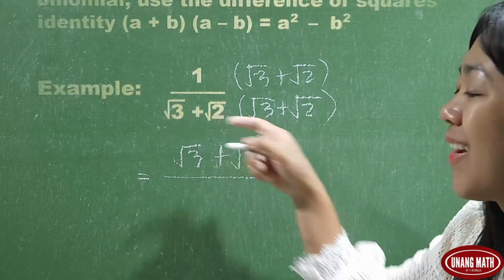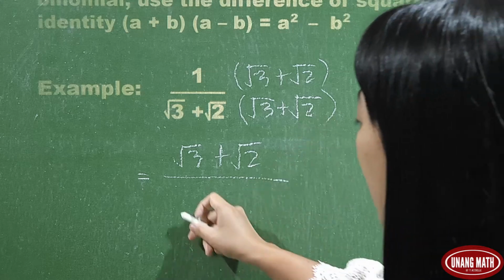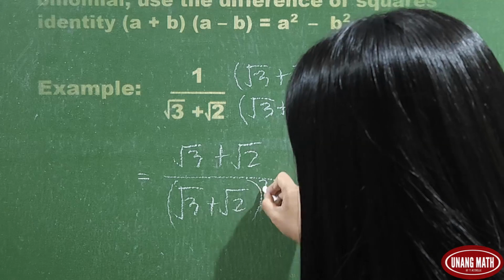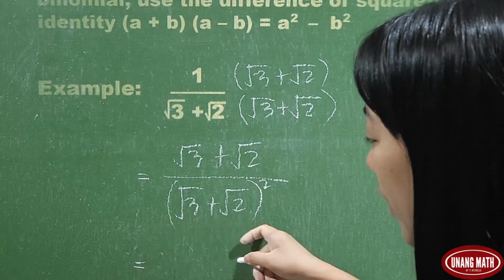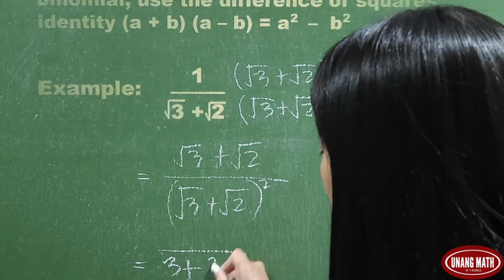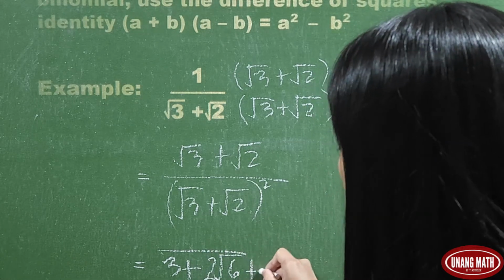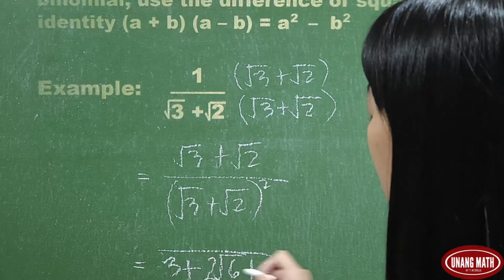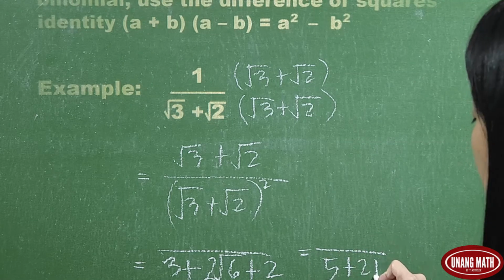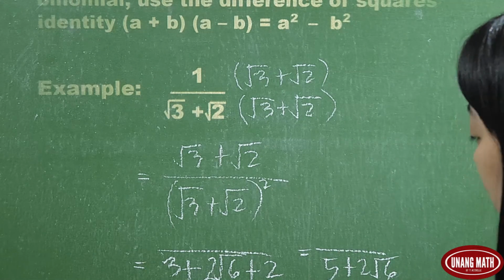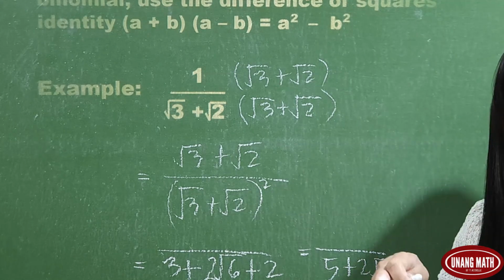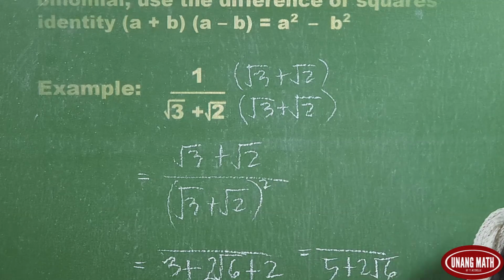What about our denominator? So, this is then equal to square root of 3 plus square root of 2 raised to the power of 2. And this is 3 plus 2 square root of 6 plus 2. And if we will simplify, then this is 5 plus 2 square root of 6.